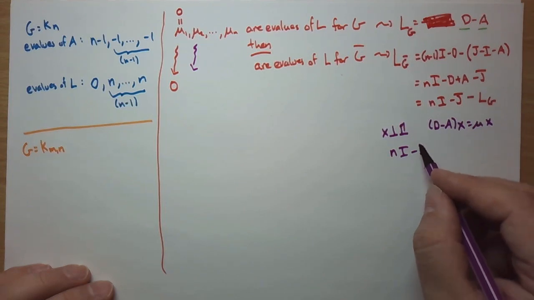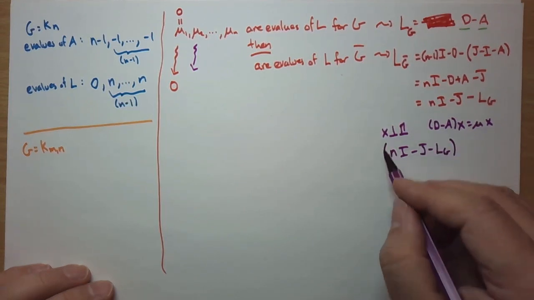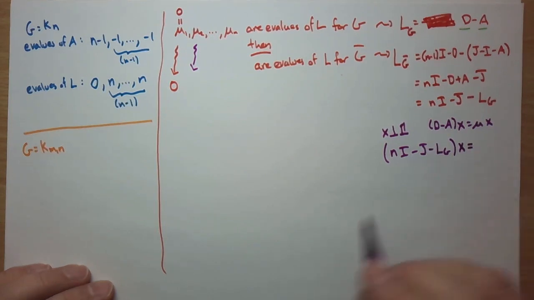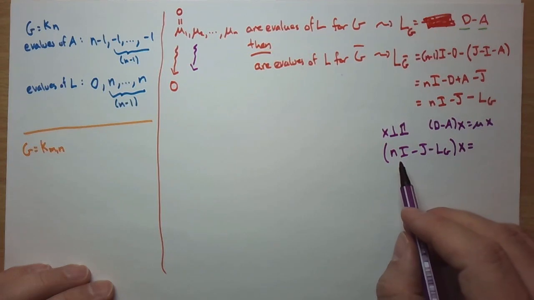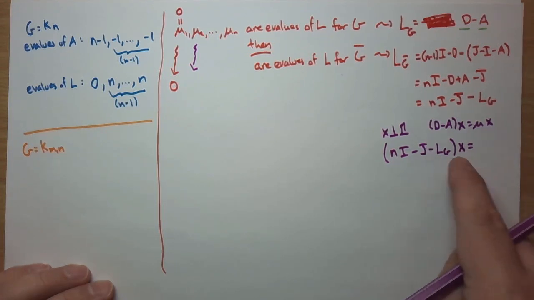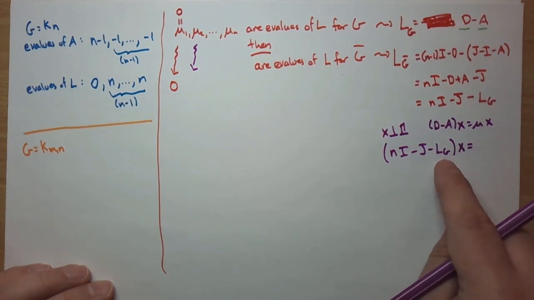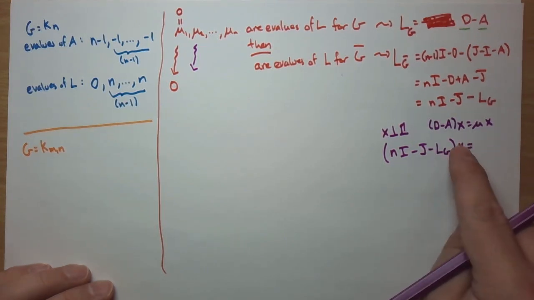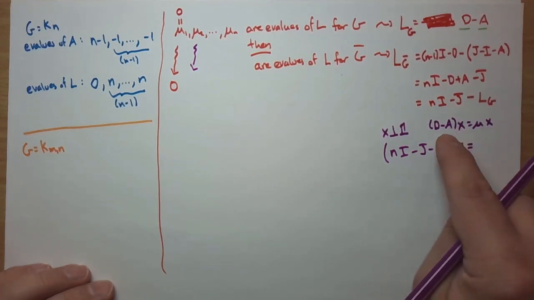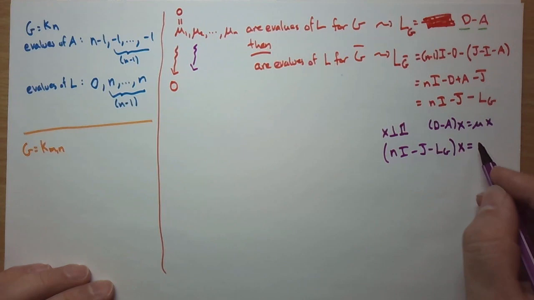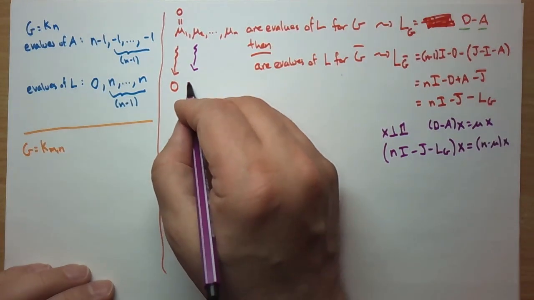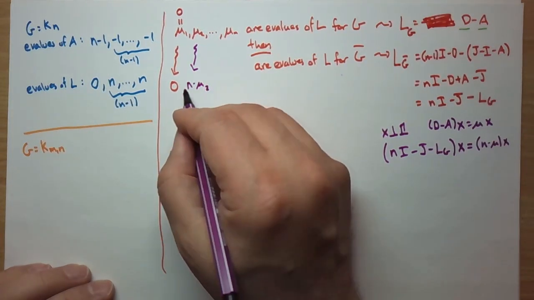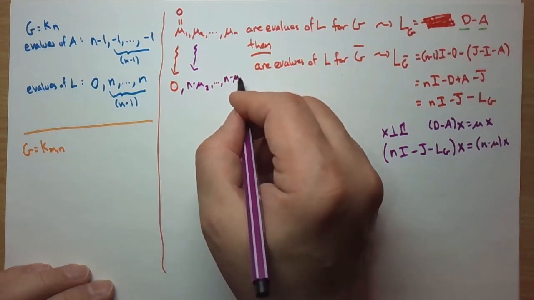So nI minus J minus the Laplacian of G times x will give us nx minus 0x, and the 0x comes from being perpendicular to all ones, and here minus mu x. So we get n minus mu x. So this becomes n minus mu 2 dot dot dot n minus mu n.